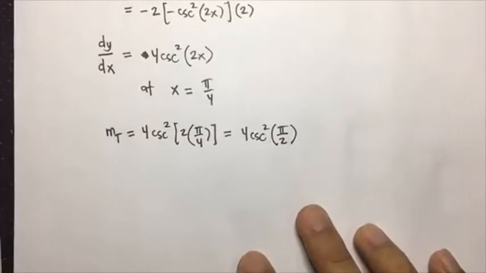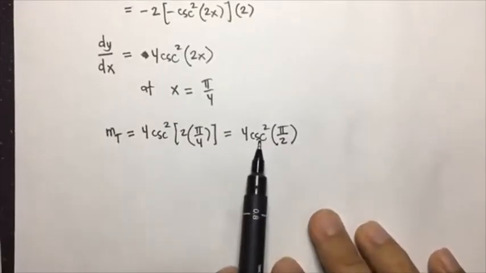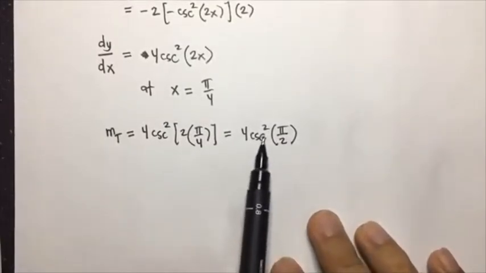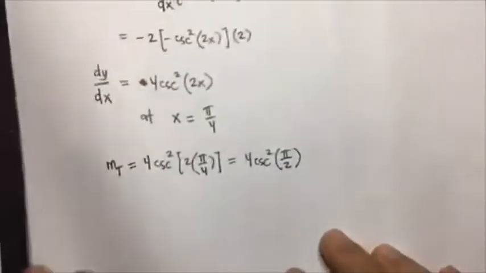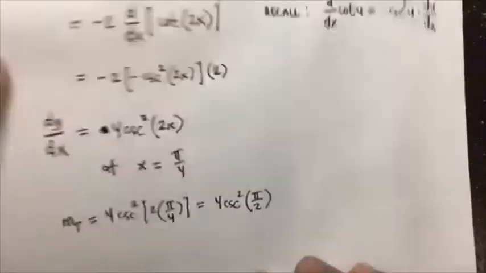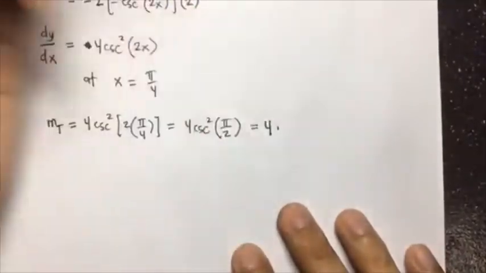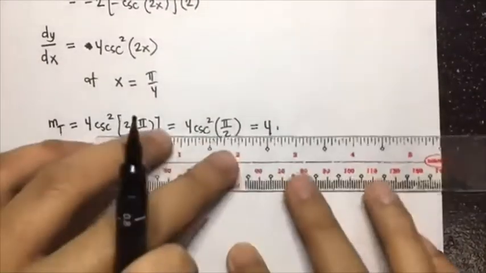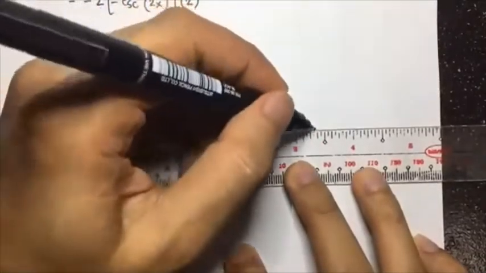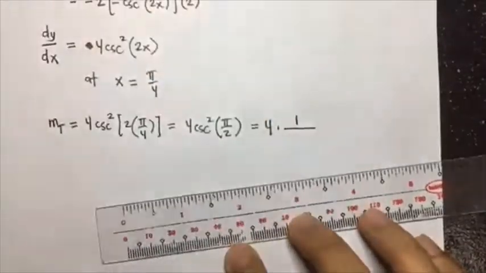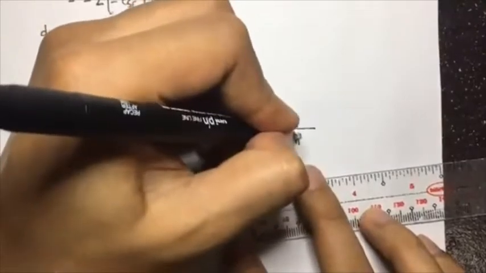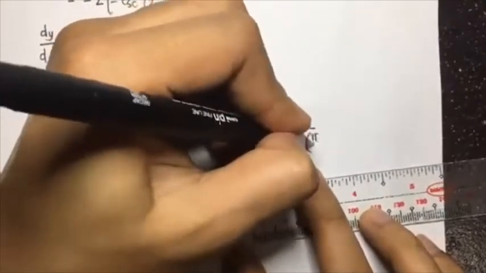Let's evaluate this. Since cosecant is the reciprocal of sine, it's 4 multiplied by 1 over sine squared of pi over 2.